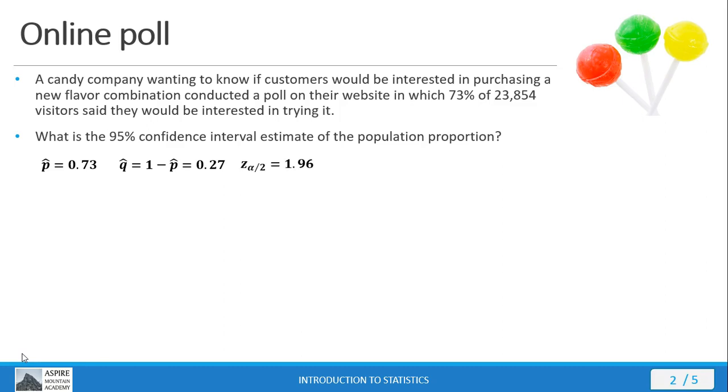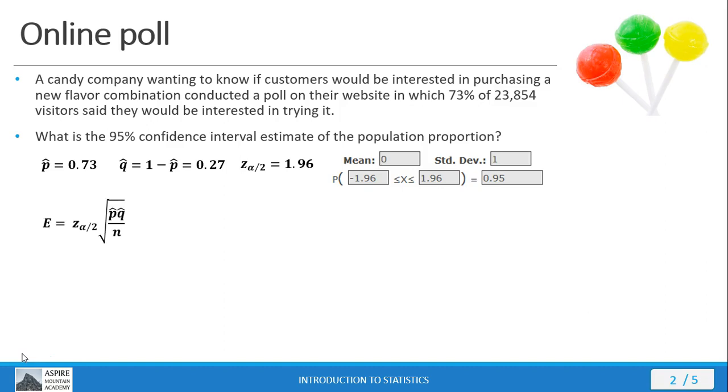Our critical value z-score is 1.96 because we have a 95% confidence interval estimate. 95% is our confidence level. So if we put that into StatCrunch, we see that for our two-tailed normal distribution, our two-tailed critical region, our critical values are plus or minus 1.96. For purposes of calculation, though, we're just going to take the positive value.